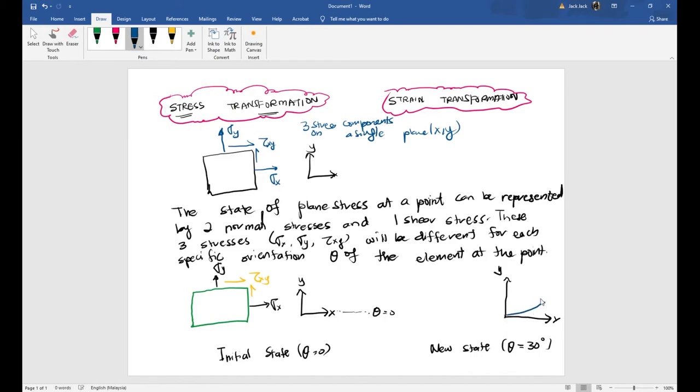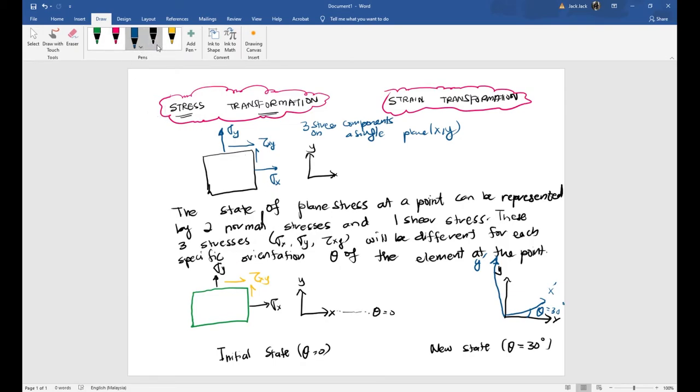This is your new x prime, and this is your theta, defined as 30 degrees. So this new x-axis is denoted as x prime, and the y-axis is denoted as y prime. The rotation does not only happen on the xy axis; the element also experiences the rotation.